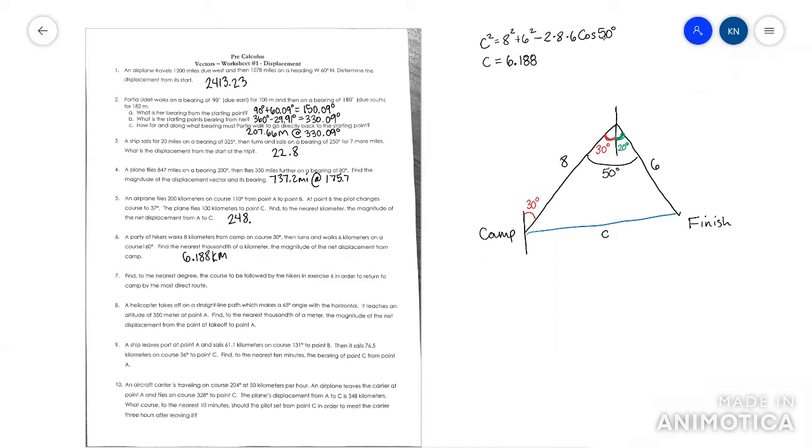Okay, now if you look at number 7, it kind of refers back to number 6. So I'm going to leave this triangle up here, and they're going to want the course to be followed by the hikers in order to return from camp. So they're here at the finish. They want to go back this way, which means you need to find this full angle.